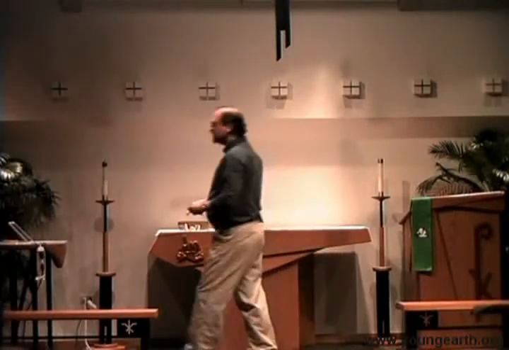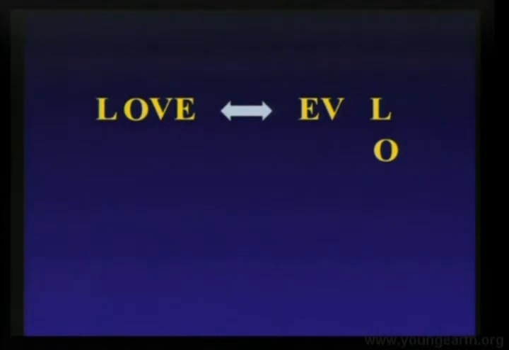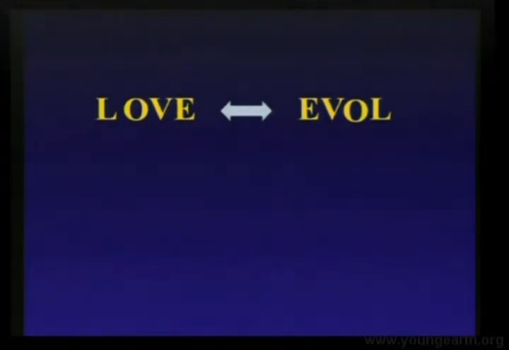But what happens when we change a letter, a mutation if you will, we change a letter in one of the words, so we make it love. Now all of a sudden we have to change this one also, and it becomes evol, which if you look in your Webster dictionary is not a word.